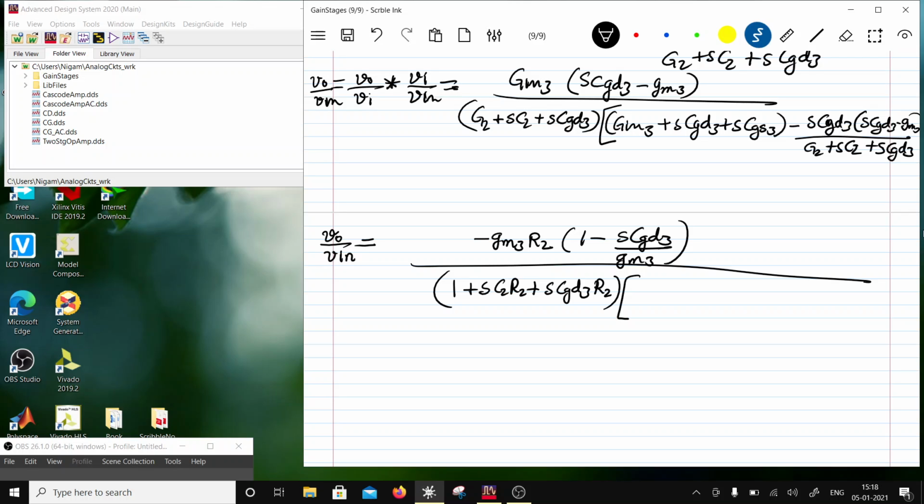and in this case G2 plus SC2 plus SCGD3, okay, I'll do this, don't worry.